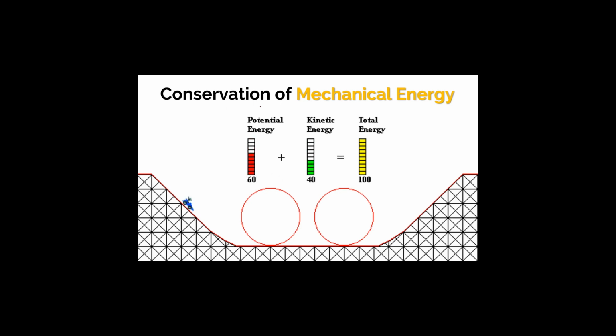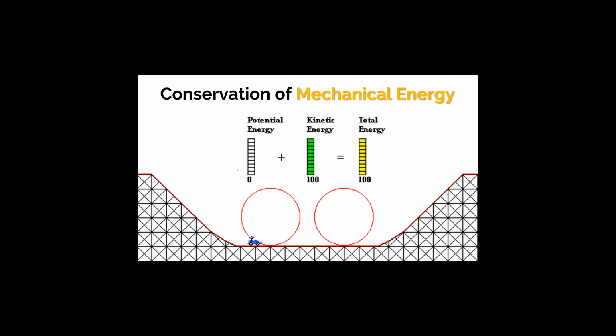But the maximum of both potential and kinetic energy will never exceed the total energy. So whatever the total energy of an object is, that is also the possible maximum energy of both potential and kinetic energy, since total energy is a combination of potential and kinetic energy.